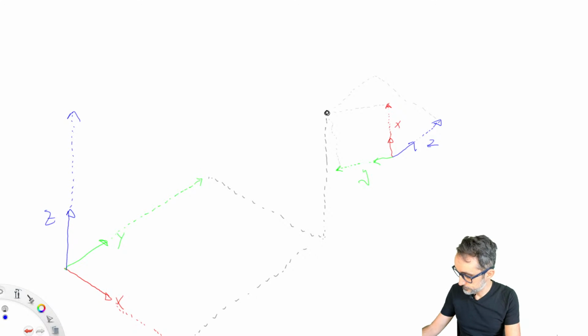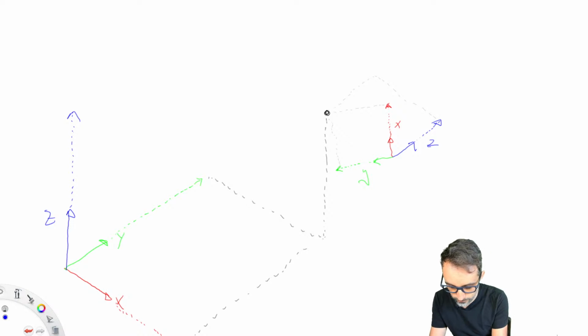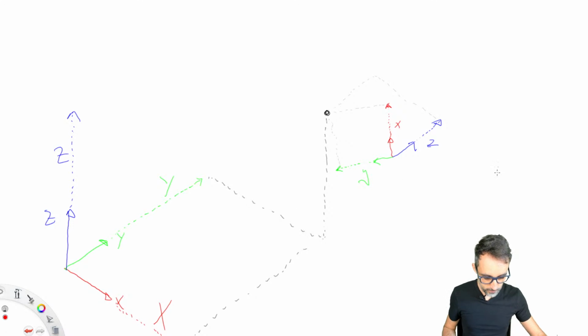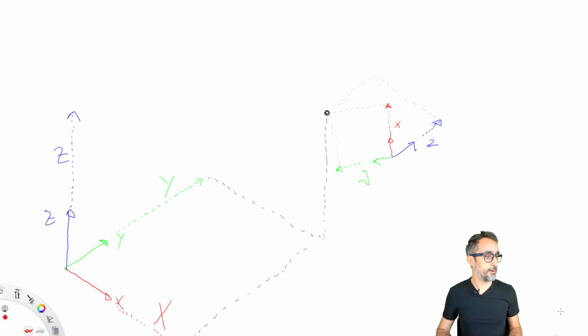And then these are going to be the c value, the y value, and the x value in world coordinates. Okay, I think I'm finally somehow happy with this.